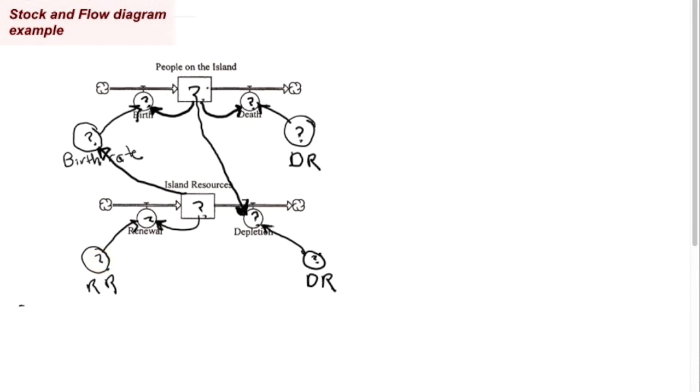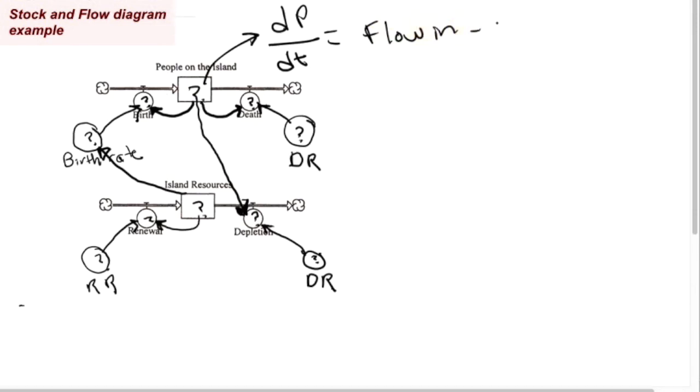Okay, remember that the stocks are the accumulation component of an equation. So this is dP divided by dt, right? And this is equal to the flows in minus flows out, right?